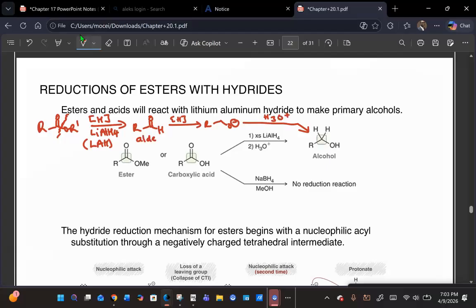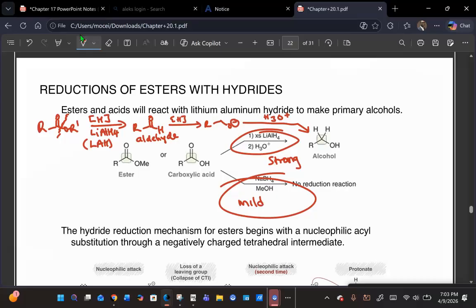So we always go through the tetrahedral intermediate, then form an aldehyde, then go further. This is strong. This is mild. That's why there's no reduction for the carboxylic acid and for the ester.